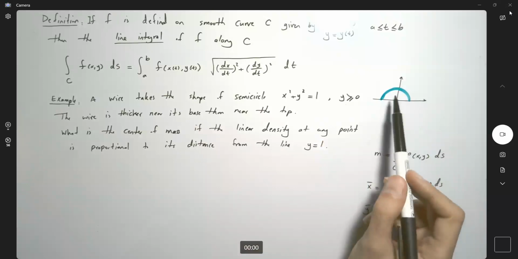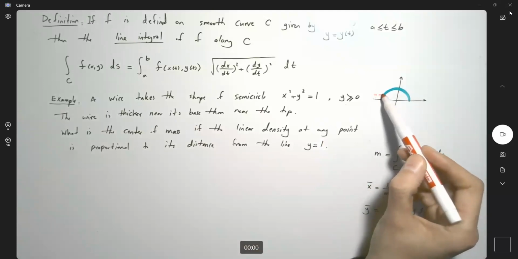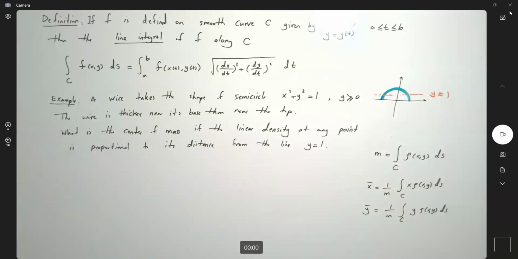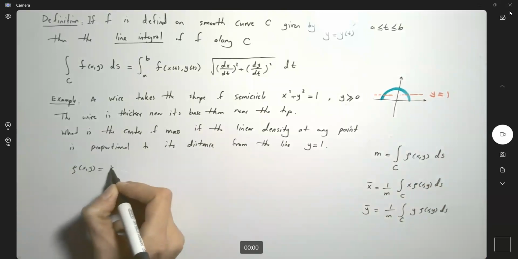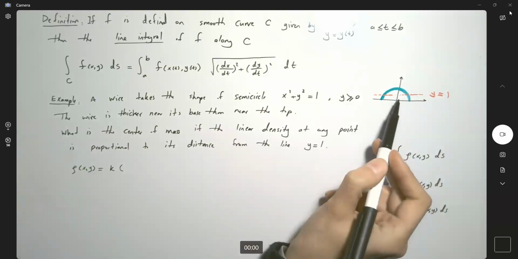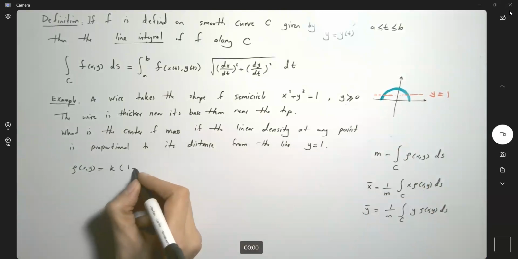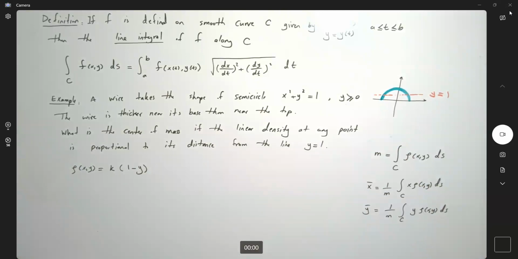But now you have the line y equals 1, which is this line here. So rho is going to be equal to k times the distance, which is 1 minus y. Very good.